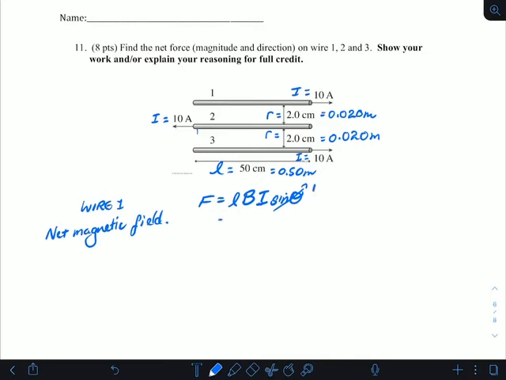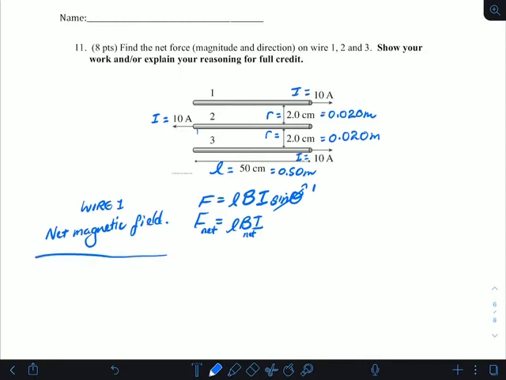So we can just say the force is going to be equal to L times B times I. So if we find the net magnetic field, we can find the net force. So let's look at the net magnetic field.